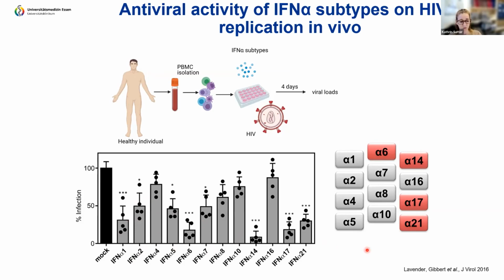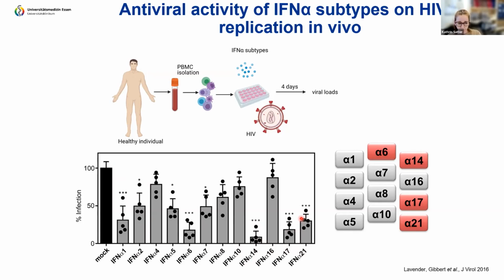This might explain that interferon alpha-2 is maybe just not working against HIV, whereas other interferons like 14, 6, 17 can really efficiently block HIV infection.